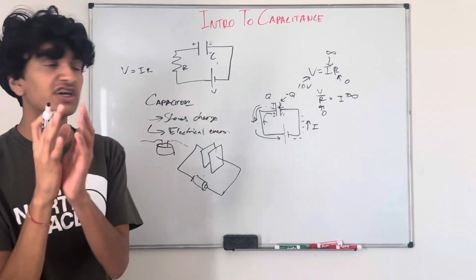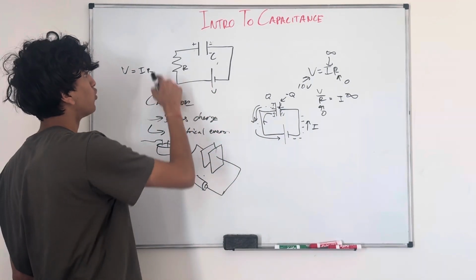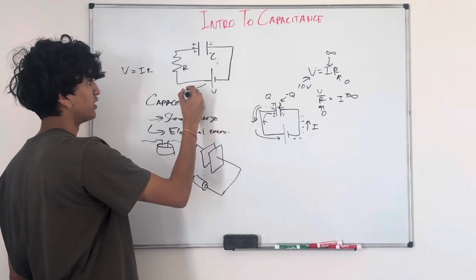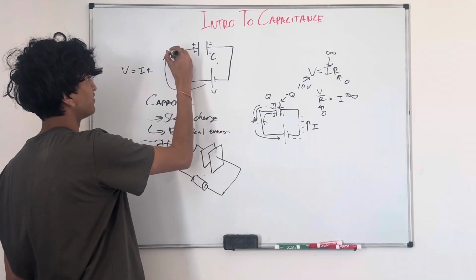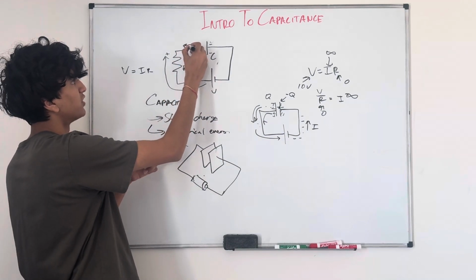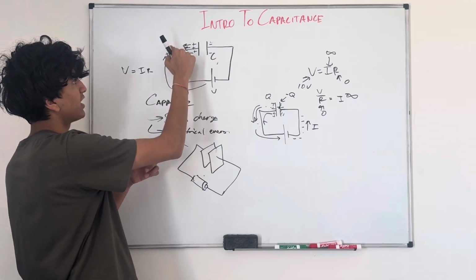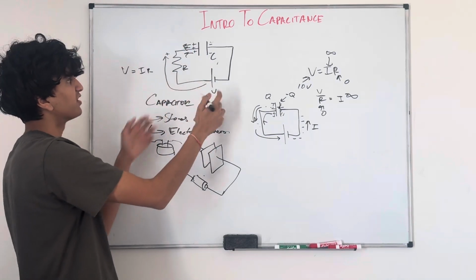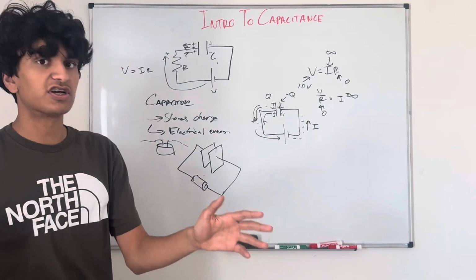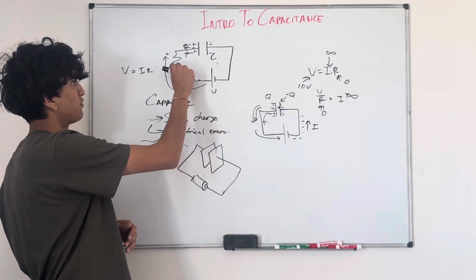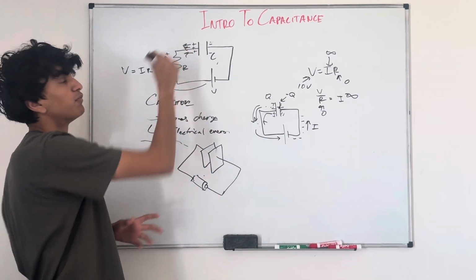What's eventually going to happen is as more and more positives build up, the positives coming through this battery are going to be like, whoa, there's a repulsive force, right? I can't move over there, but then I can't move over here because there's more positives here. The circuit stops, the current stops, right? It slows down by this repulsive force and then just comes to a halt.